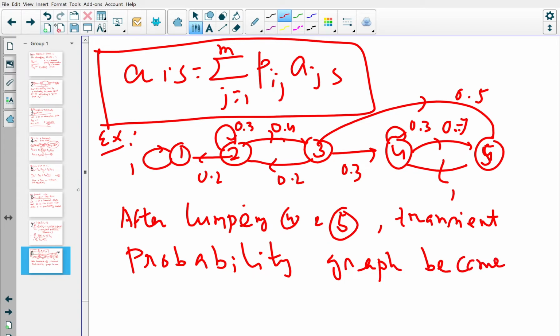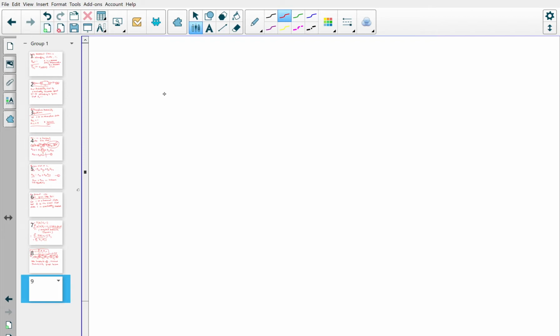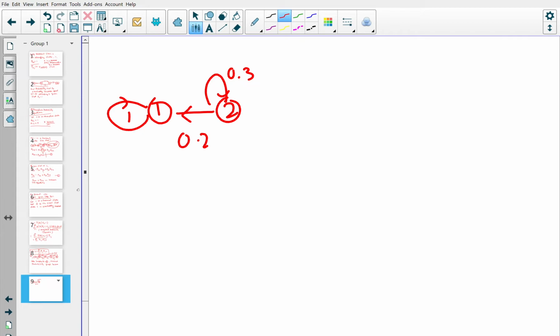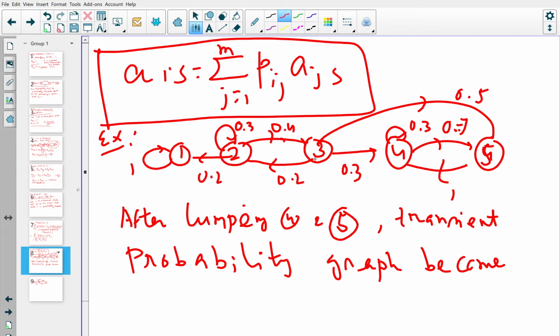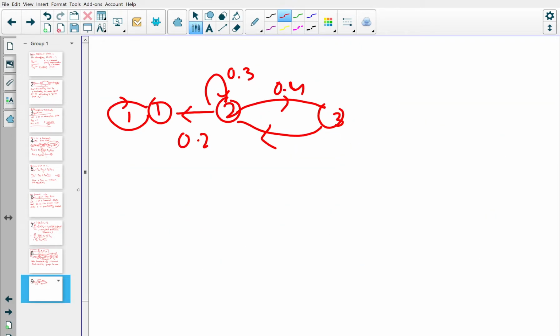You can write down this graph as 1, and then 2, this is 0.2, and this is 1, and then from here to here 0.3, here to here 0.4, and from 2 to 4, 0.1.